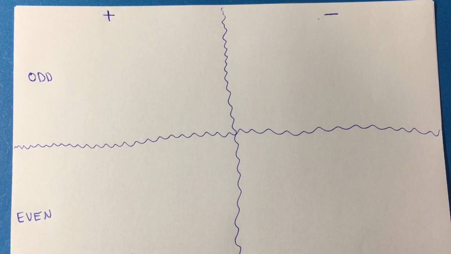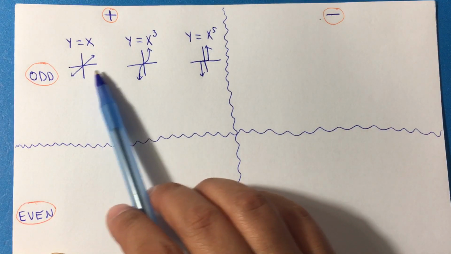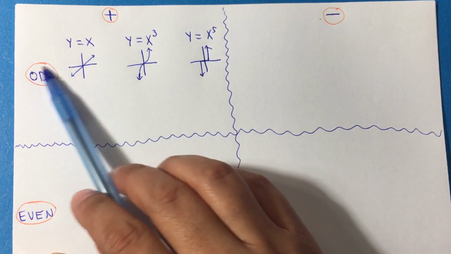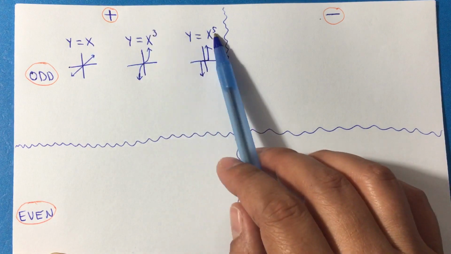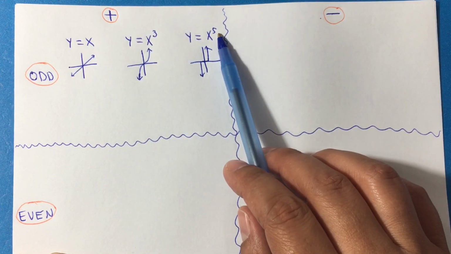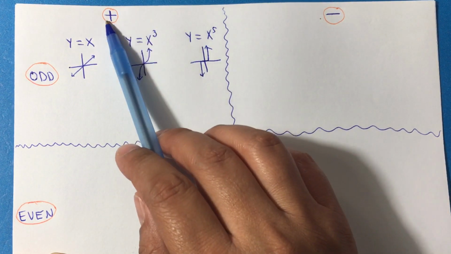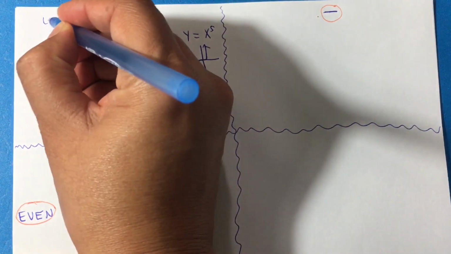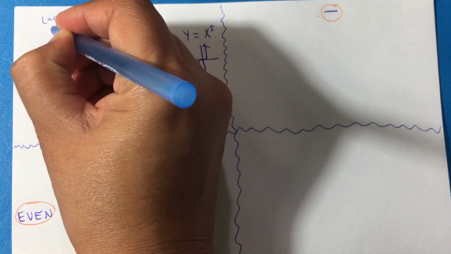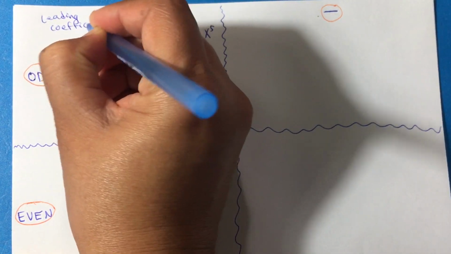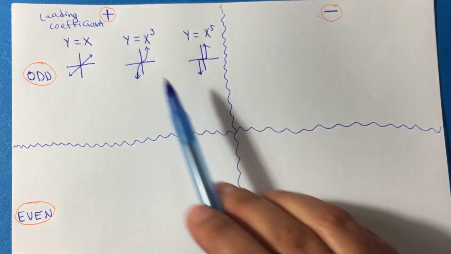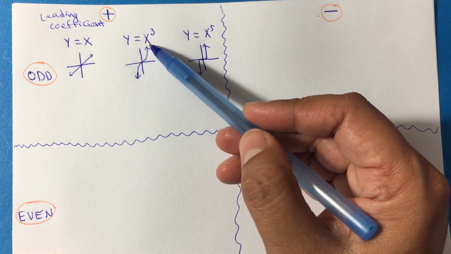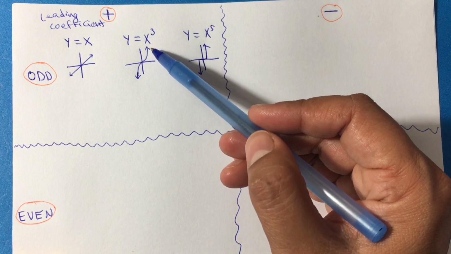And in the previous lesson we learned that if you have graphs that are monomials and the degree is odd, 1, 3, 5, and not only that, but the leading coefficient is positive, then you will have per se a positive slope between any 2 points.